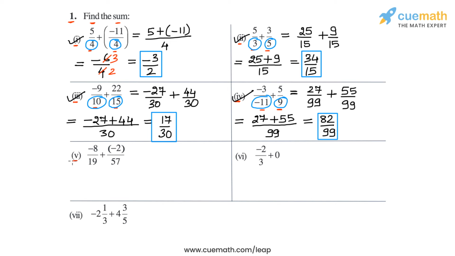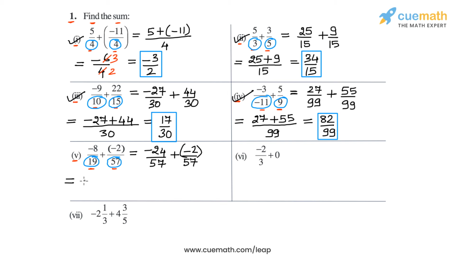And now we come to part 5, in which we have to calculate minus 8 by 19 plus minus 2 by 57. The denominators are 19 and 57. The LCM of these two is 57, because 19 times 3 is 57. So minus 8 by 19, we can write this as minus 24 by 57. And then the second number, we leave it as it is, minus 2 by 57.